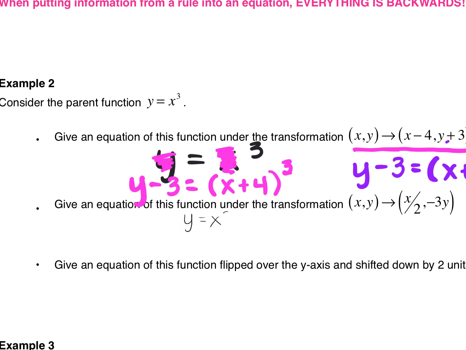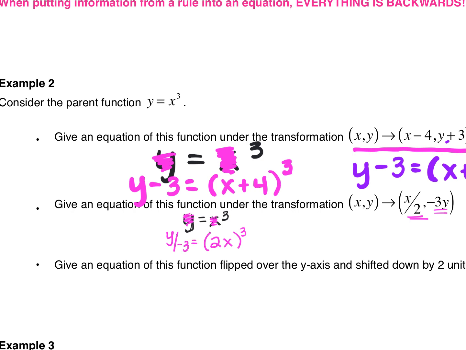I'm going to take the x out and replace it with an x times 2, because remember I'm doing the opposite of this. So this is now 2x that's being cubed. And I'm going to take the y and replace it with a y divided by negative 3.